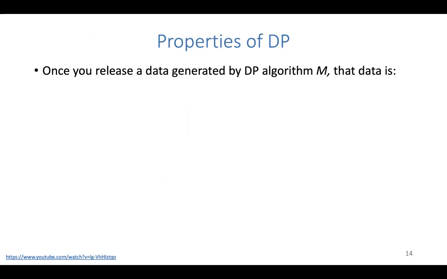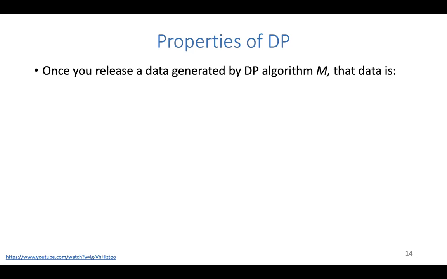Right, so now we should talk about some very useful properties of differential privacy, which make differential privacy a very powerful tool. Let's say that you release data generated by a differentially private algorithm M. For example, you are doing a series of queries on the database, and the mechanism you're using for your queries is differentially private.